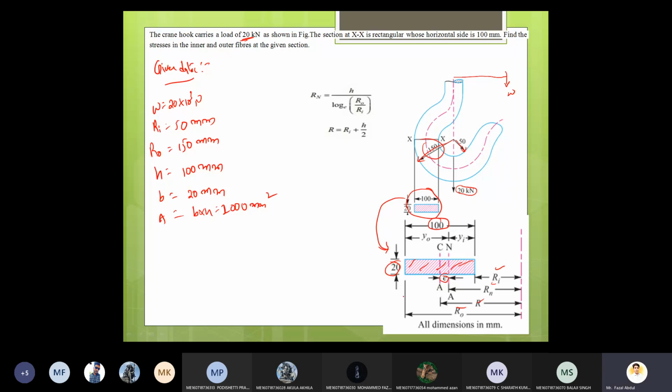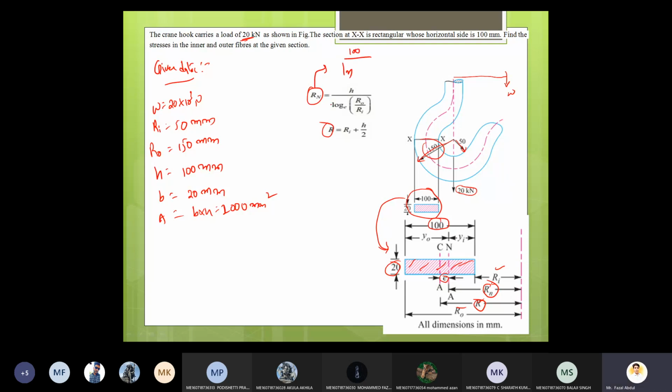And what are the unknown parameters here? Rn we don't know, R we don't know. Because the cross-sectional shape is rectangular, I'm taking these Rn and R formulas. I'm calculating this one. H, the question itself gives 100.